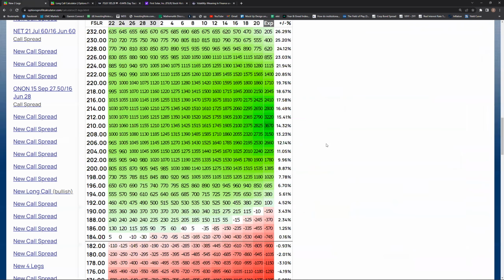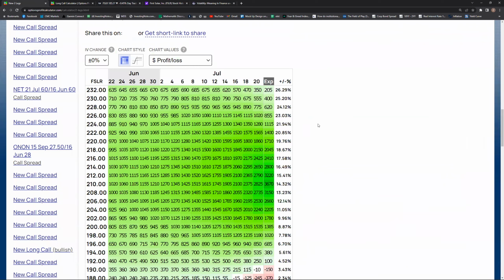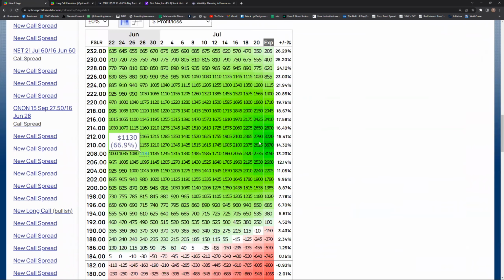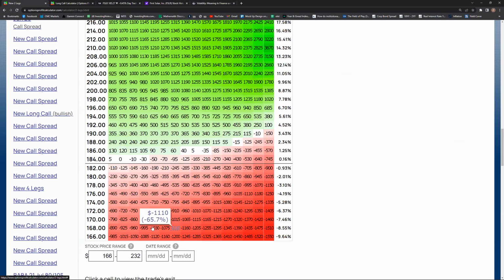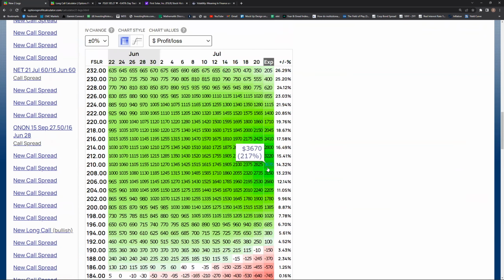So another thing that you can do is that let's say price goes all the way up to 210 within July, and then you got this profit. Even at this level, this profit is considered very, very good already. Mainly because you are risking about $1,000, you are getting about $3,000 plus in return.